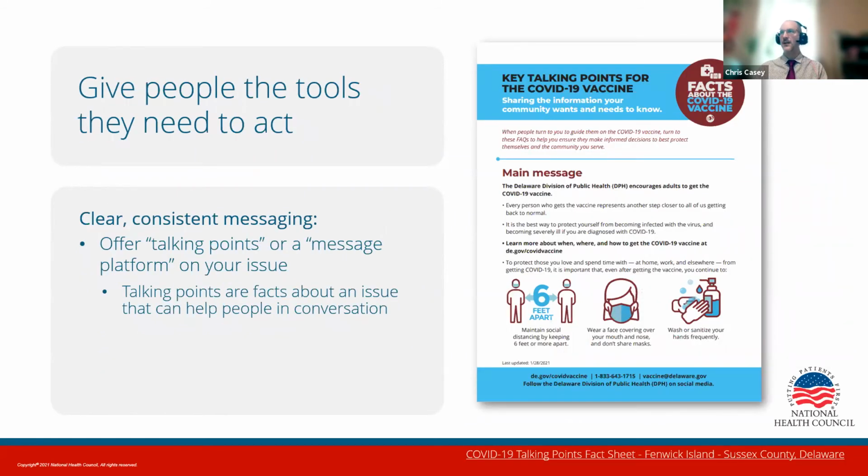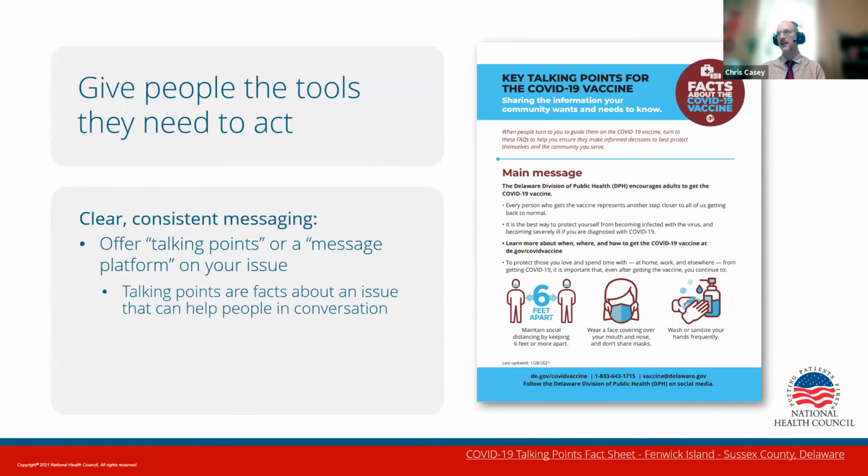And so just to lean into this piece of giving people tools they need to act a little bit more, here's some more examples. Offering talking points, or what I've seen them called message platforms, on your issue can offer clear, consistent messaging that is going to be more acceptable and more relatable to the ultimate policy audience.